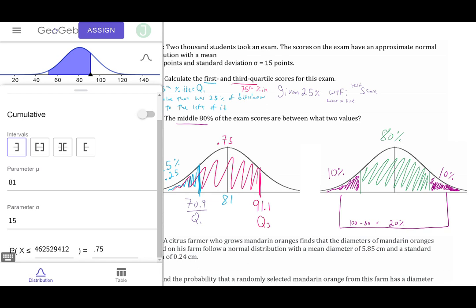So from here, we could just go into the GeoGebra calculator, shade to the left, which we have, and we can type in 0.1 for the area. When we type in 0.1 for the area, it'll give us the test score of 61.8.